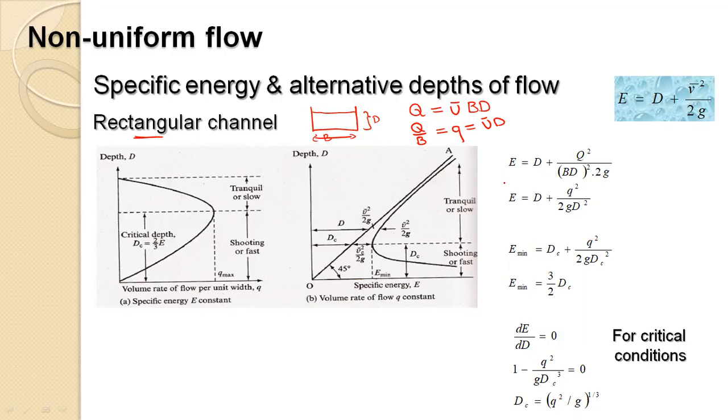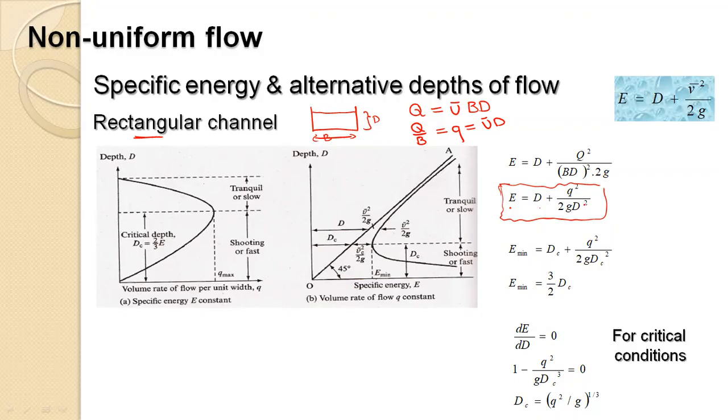So the specific energy, written in a different form, is D plus q squared divided by 2g D squared.